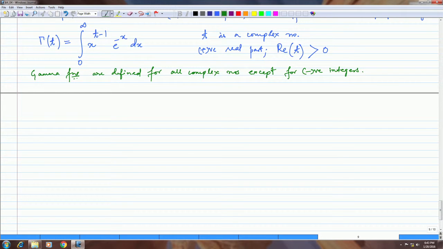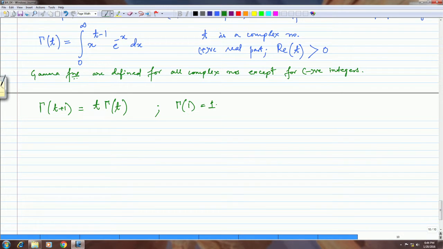Now, if we use integration by parts, what we can say is this. Along with this, gamma of 1 is 1.